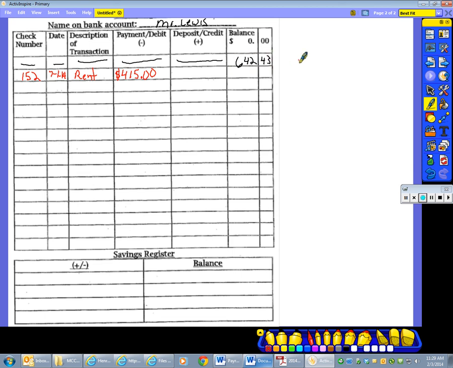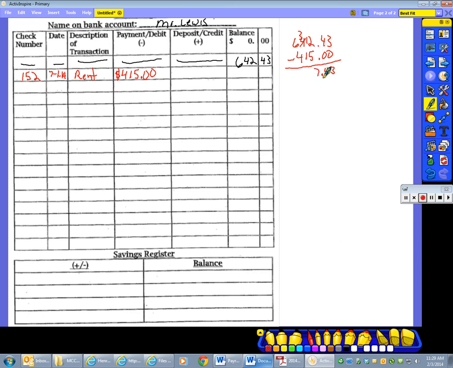Alright, so the way that you would do this is you would take 642 and 43 cents, and you're going to subtract $415 and 0 cents. So 3 minus 0 is 3, 4 minus 0 is 4. We have to borrow from that, makes that a 3, makes that a 12. 12 minus 5 is 7.